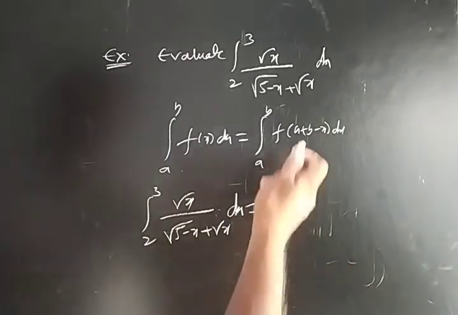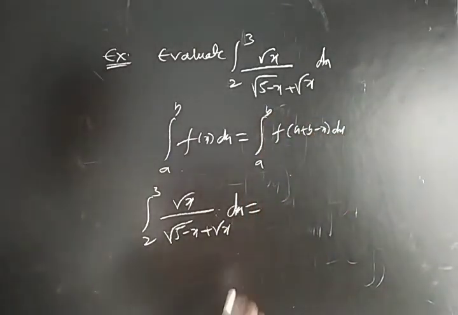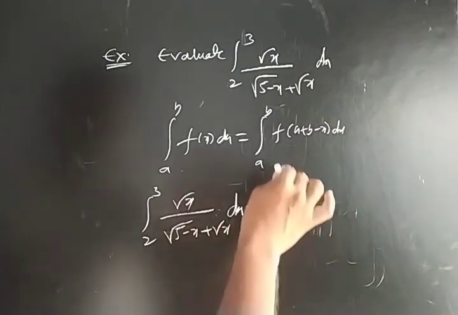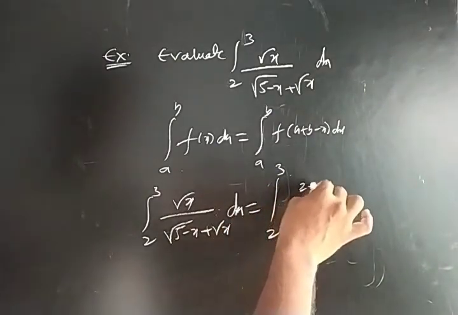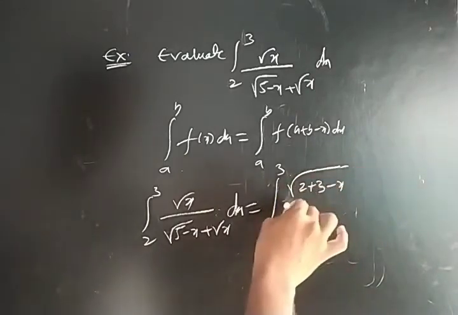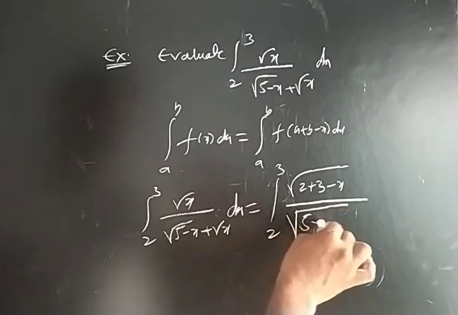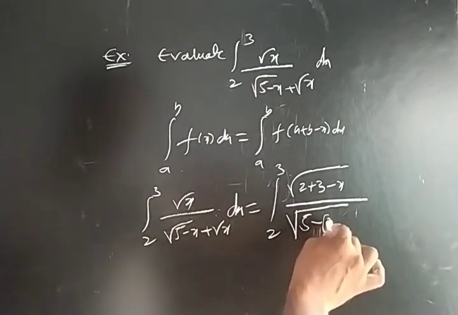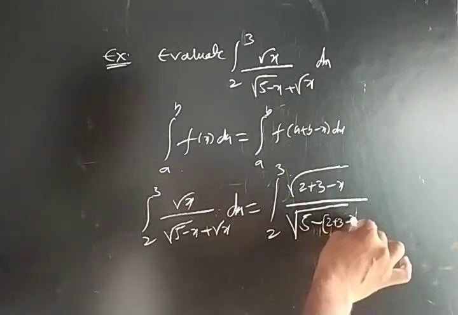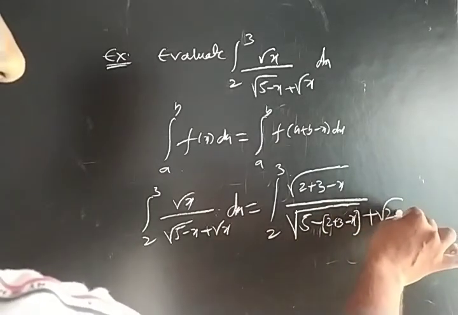In place of x, add these two limits minus x: in the numerator 2 plus 3 minus x, and in the denominator also, in place of x, 2 plus 3 minus x.